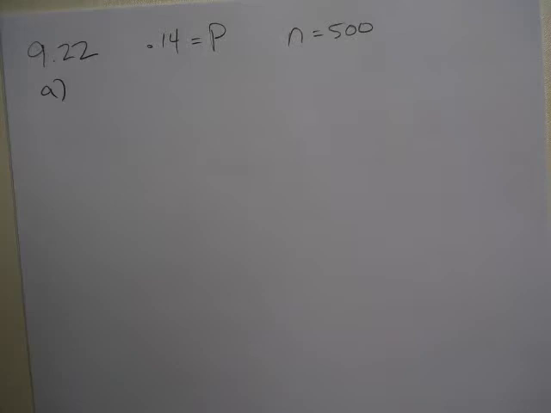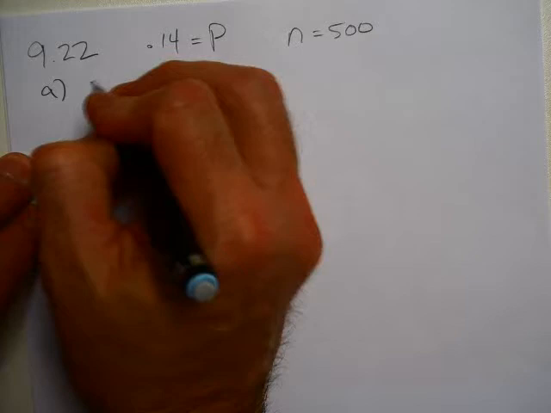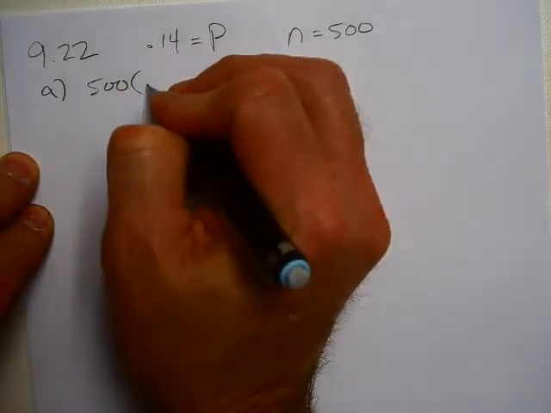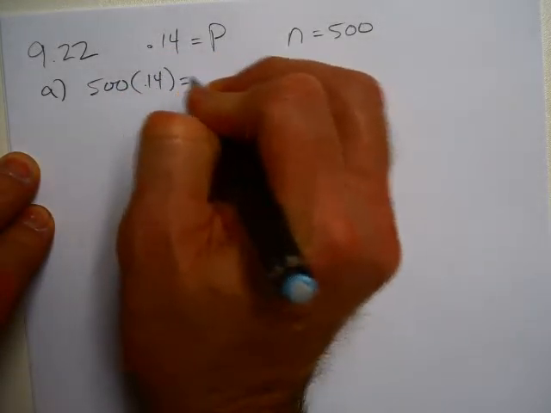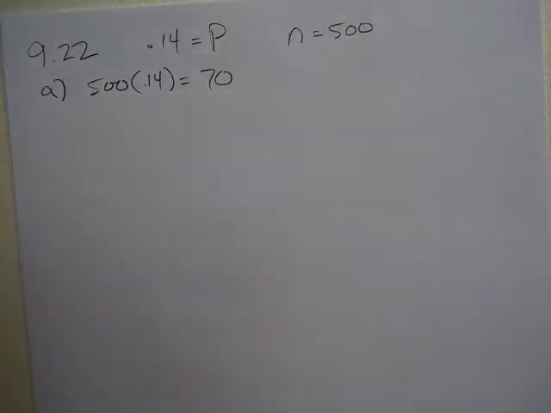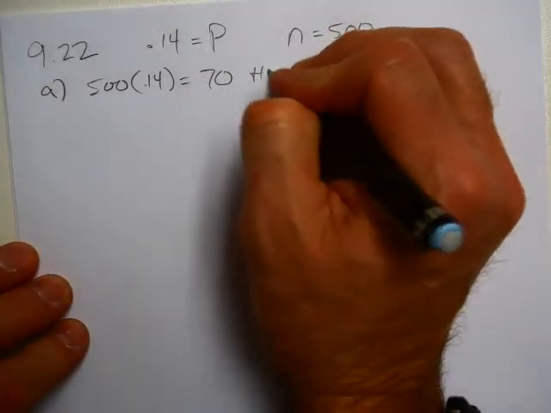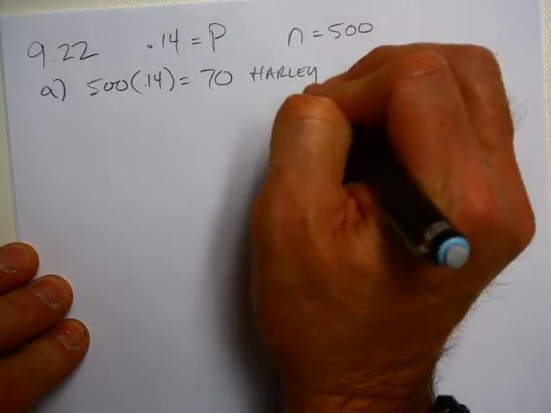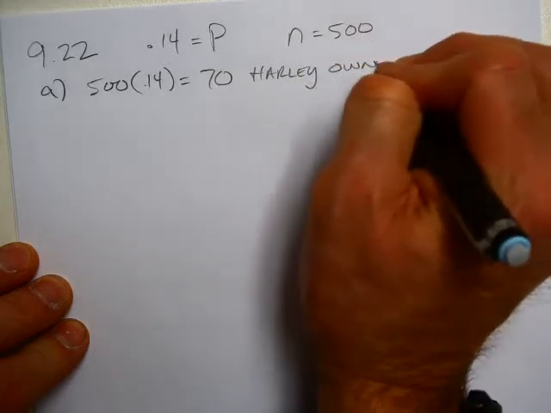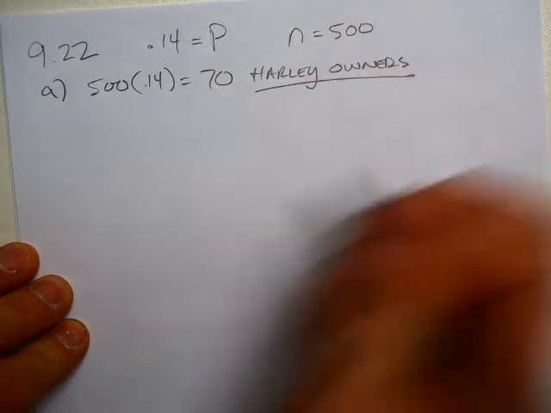If you sample 500 people at random, how many would you expect to own Harleys? 14% of 500, which is 70. Right, exactly. You would expect 70. You should find 70 Harley owners.